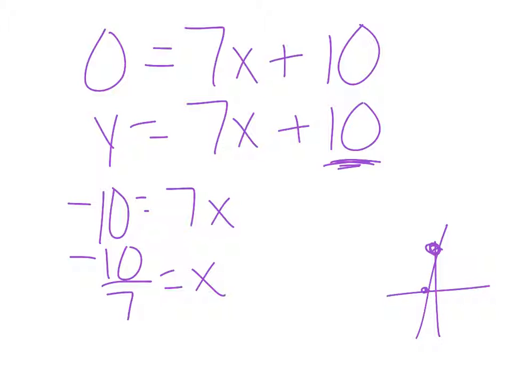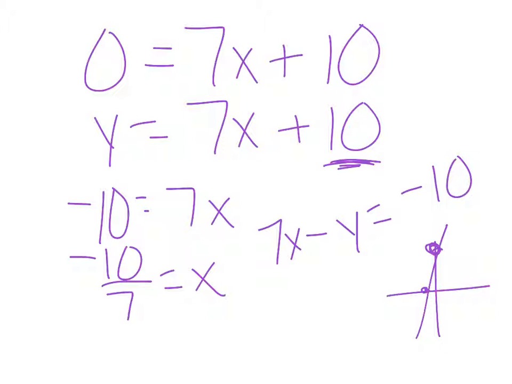So the book is expecting us to graph and then solve, and the way we've actually gone about it, we are solving and then graphing. So that was 15, and the thing I didn't do is I didn't make it into standard form, which I could do: 7x minus y equals negative 10.